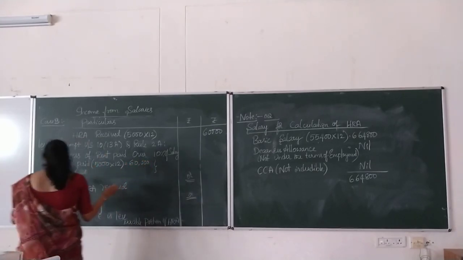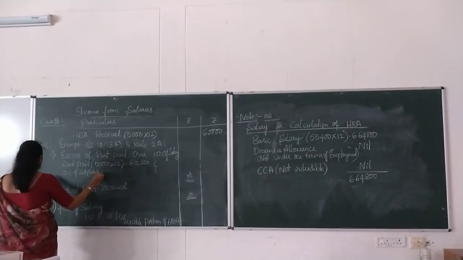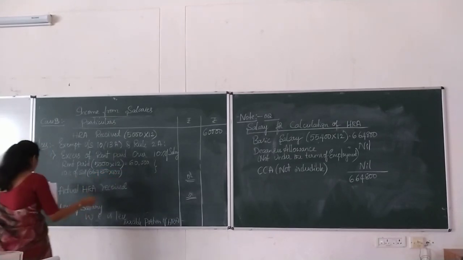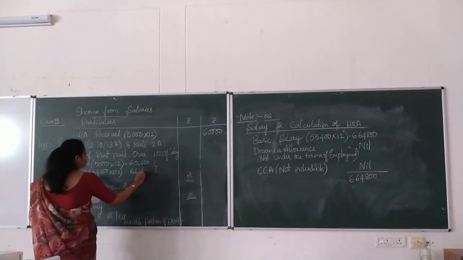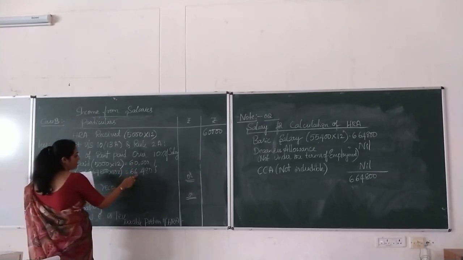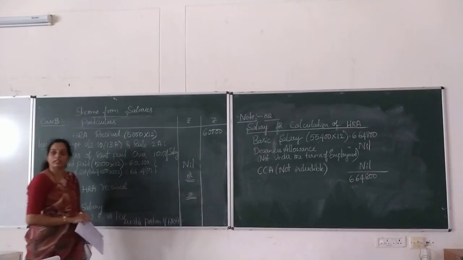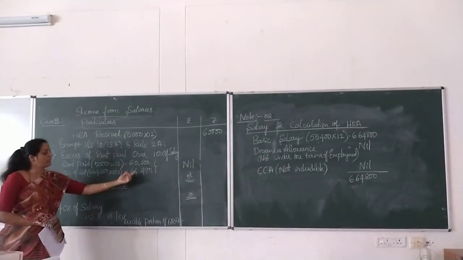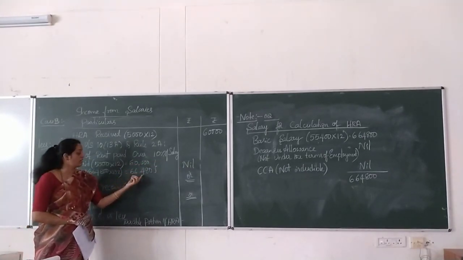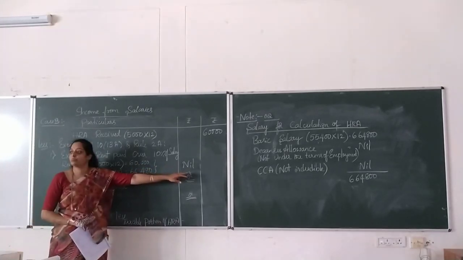Then what is 10% of salary? 6,64,800 into 10% is 66,480. Is rent more than this? No, right? We should not take. So in this case, nil. If it is more than this, the difference amount we should take. If the rent paid is less than 10% of salary, we should not take anything, only nil.